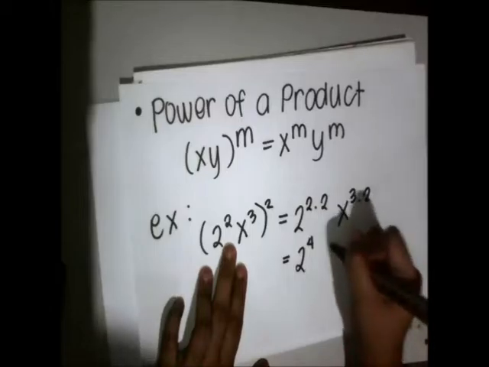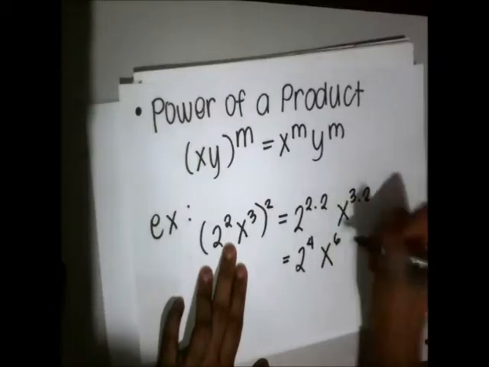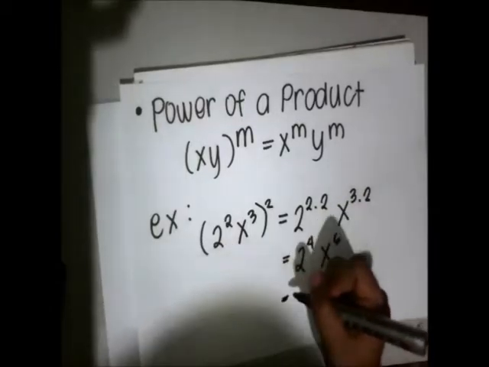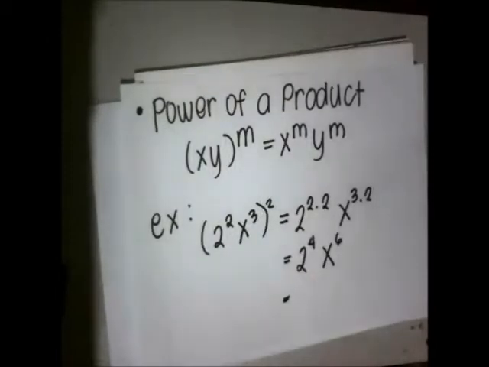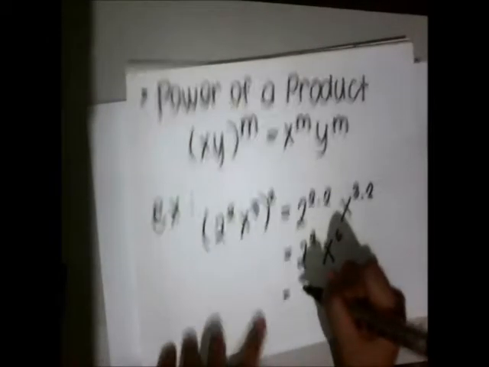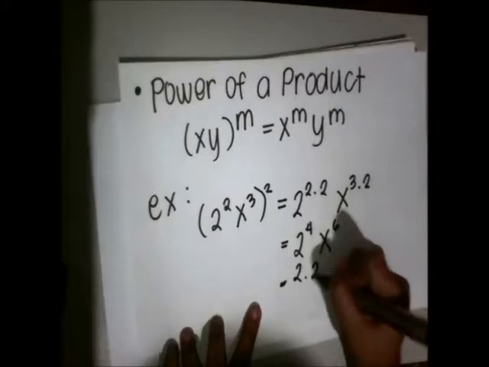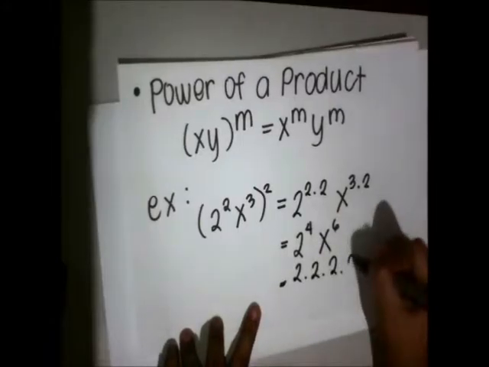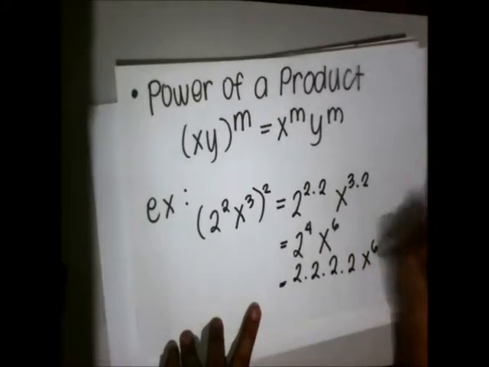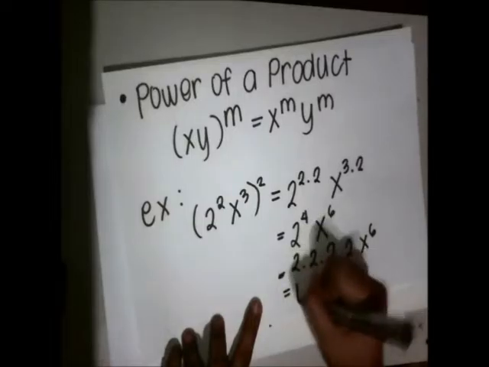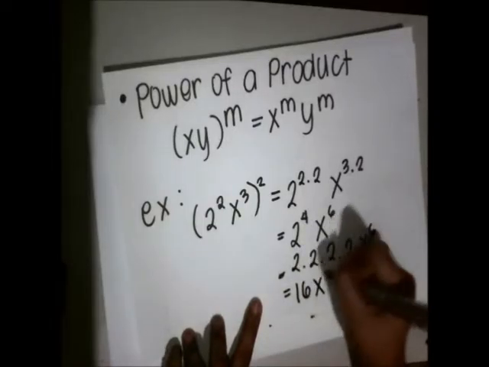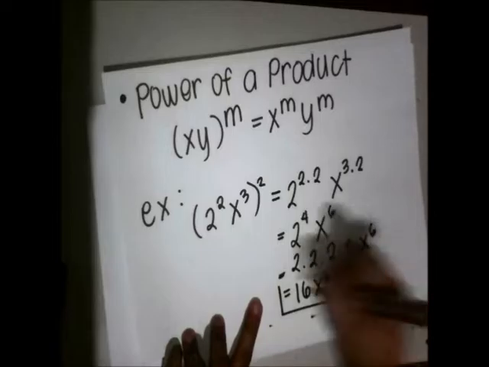So therefore we have 2 raised to the 4th power times x raised to the 6th power. So use the definition of the exponent. We have 2 times 2 times 2 times 2. We have 16x raised to the 6th power.